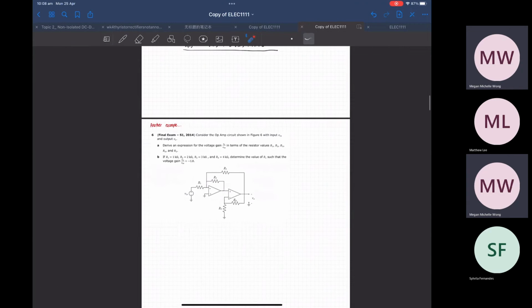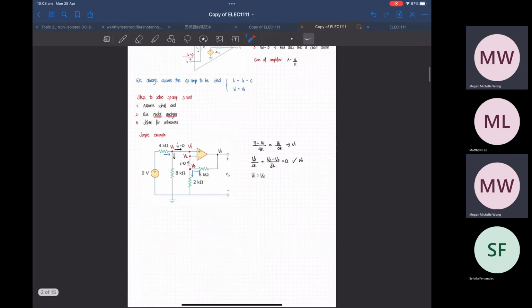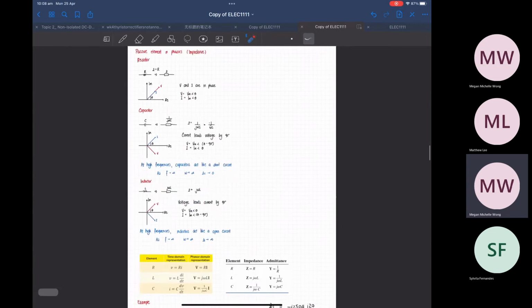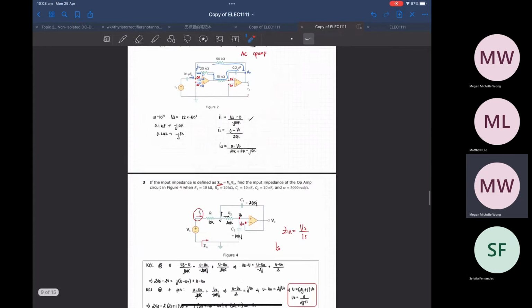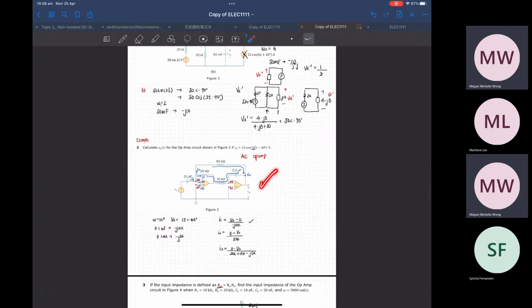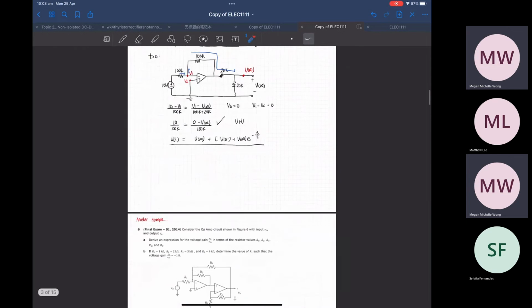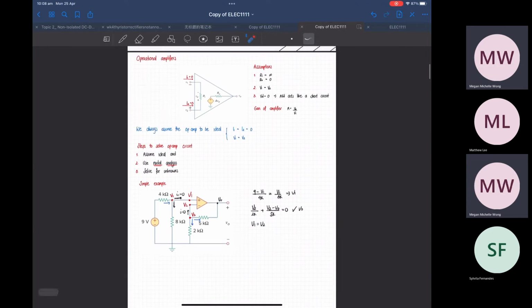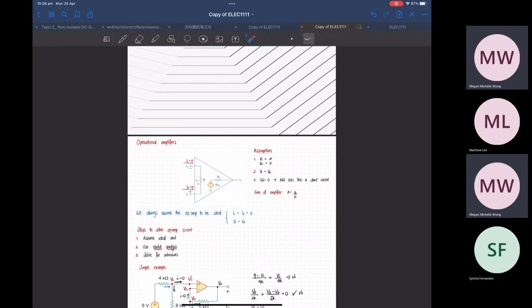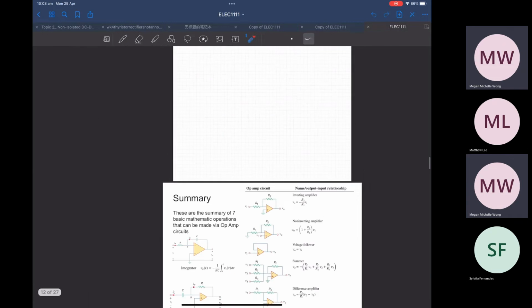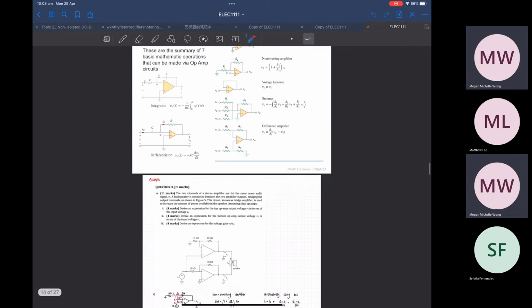It's almost exactly the same as this one that I solved. So in the final thing that I attached for you guys, it's a little bit different from this one and that one, but it has all the solutions. So I'll just show you in here.